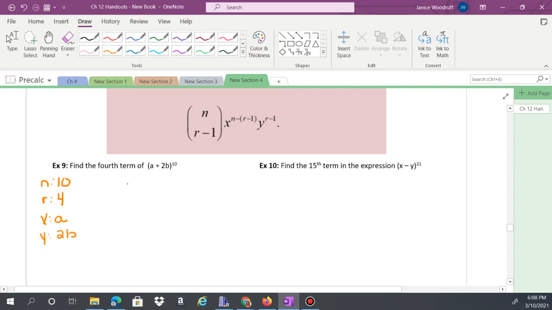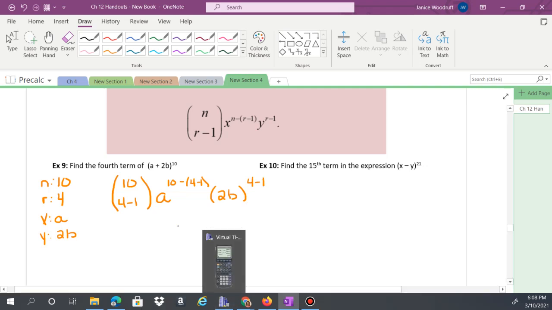Okay, so if we follow that formula, you have 10, and then 4 minus 1, and then you have x, which is a, to the 10 minus 4 minus 1, and then you have your y, which is 2b. Since there's more than one term, I'm going to put it in parentheses, to the 4 minus 1.